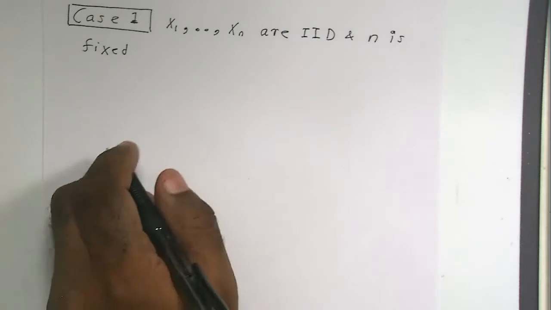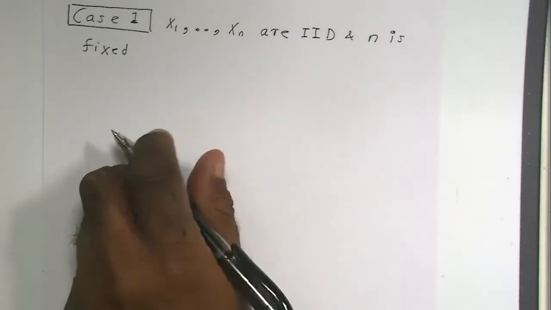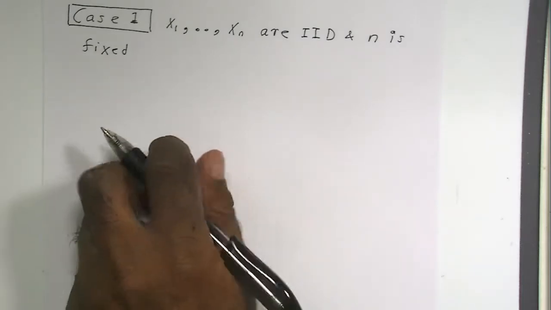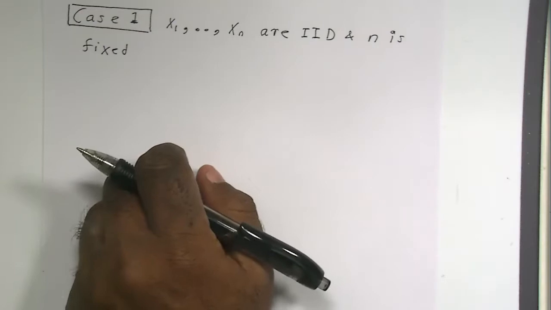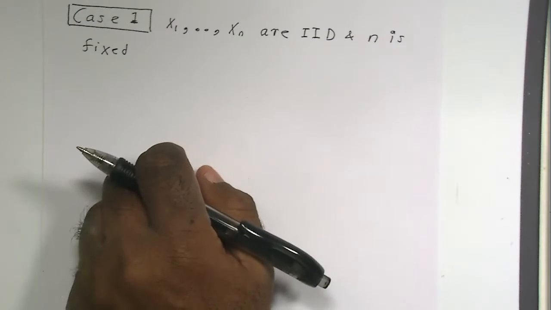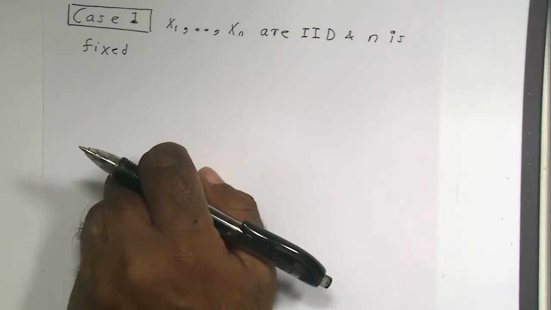Now I'm going to show you how to write down the probability distributions of these 3 variables of interest, S, U, and V. Well, you don't need to know how to derive them.